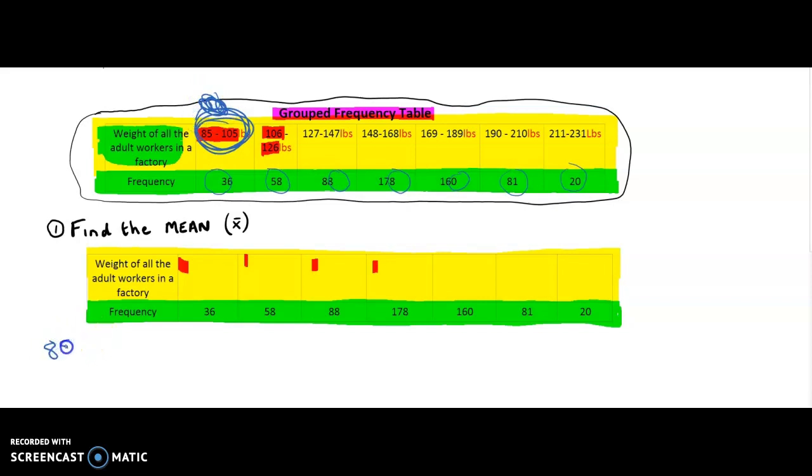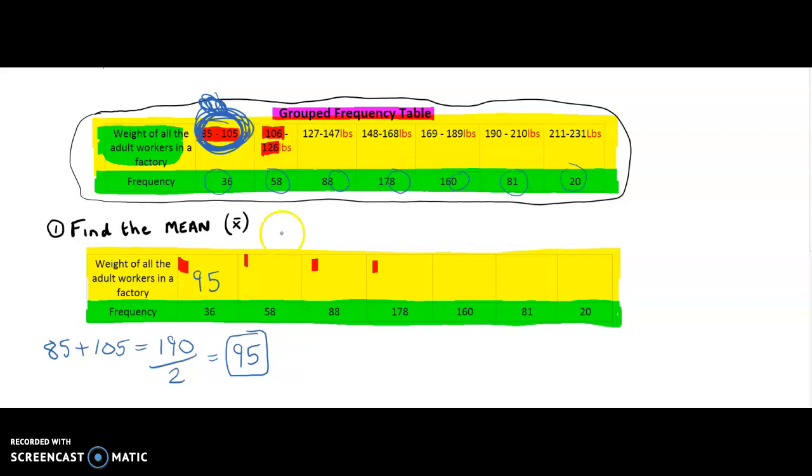If I add those two numbers, I would get 190. And if I then halve that number, in other words divide it by 2, I would get 95. That is my mid-interval value. That is what I'm going to put in here instead.